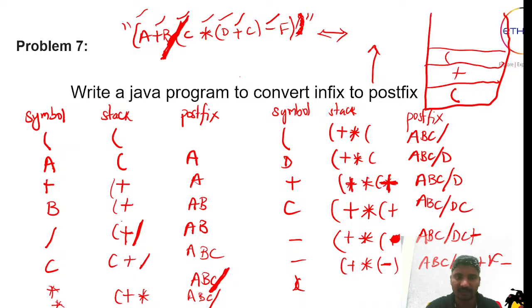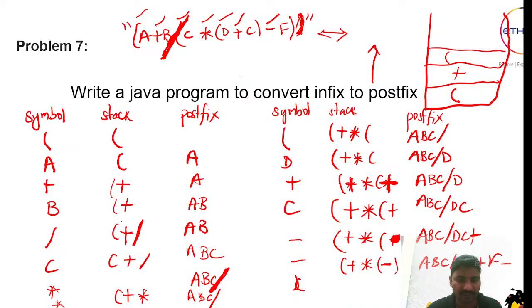While the stack is not empty, I'll be checking two things: stack.peek whether it is an open parenthesis, or stack.peek whether it is a closed parenthesis. Why do we need this? Whenever imbalanced parentheses are there, we can easily say it is an invalid expression. That can be seen, right?